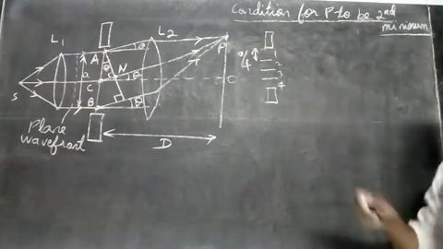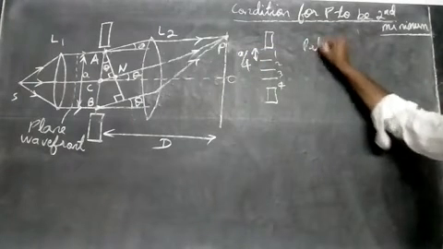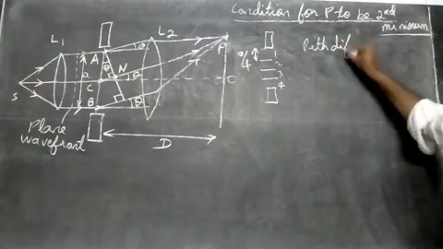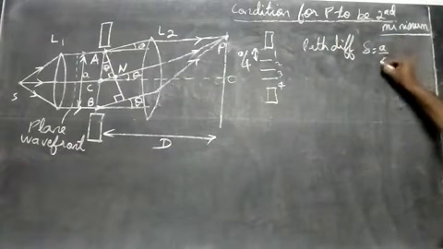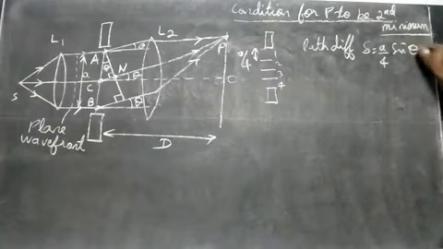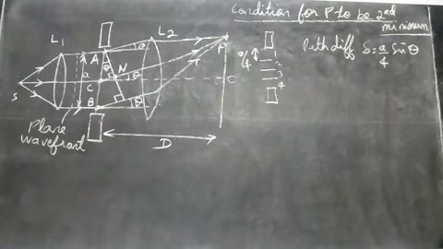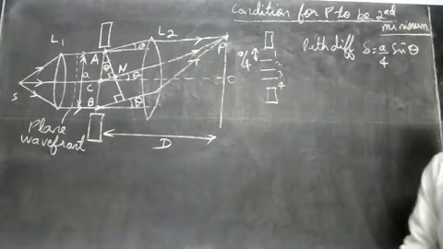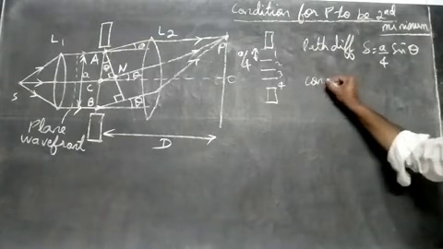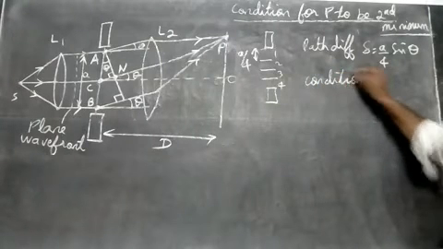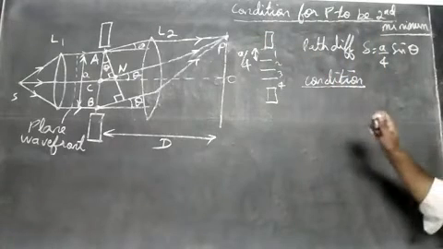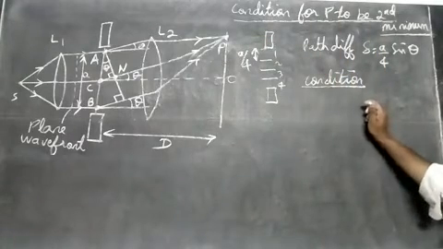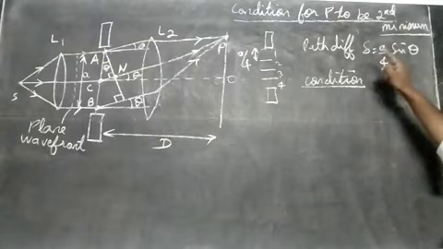Let's see the path difference now. In this case del is equal to A by 4 sine theta. First we had A by 2 sine theta, now we have A by 4 sine theta. The condition for point P to be the second dark fringe is that del should be equal to lambda by 2.